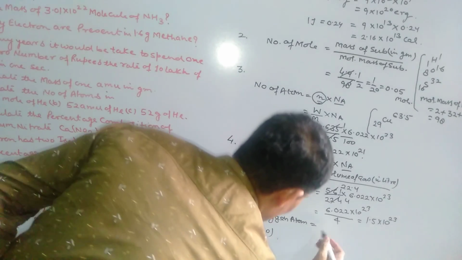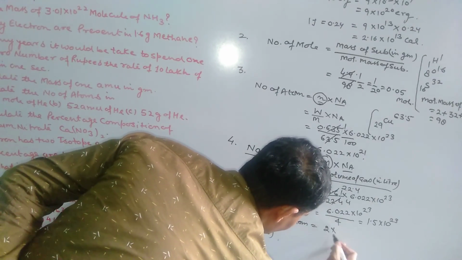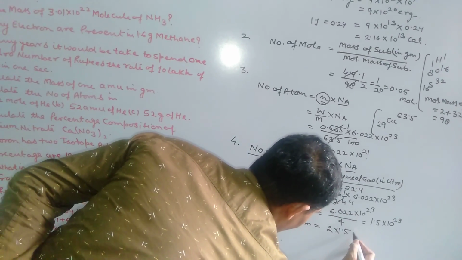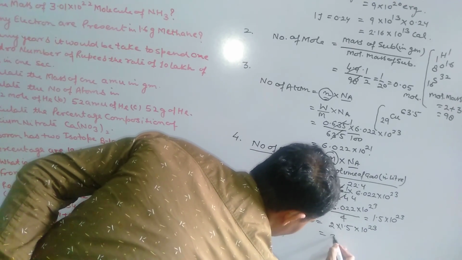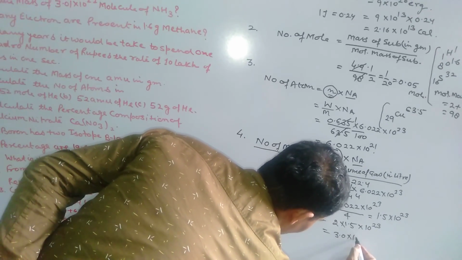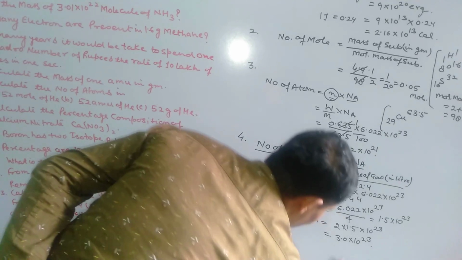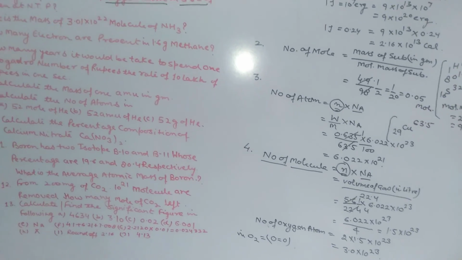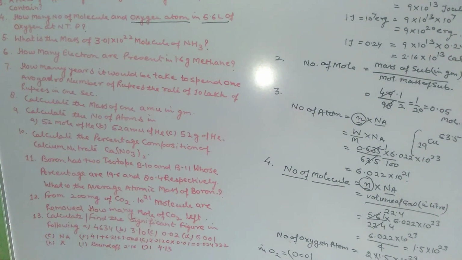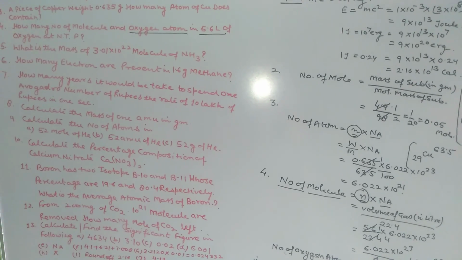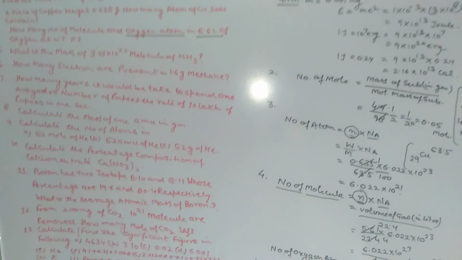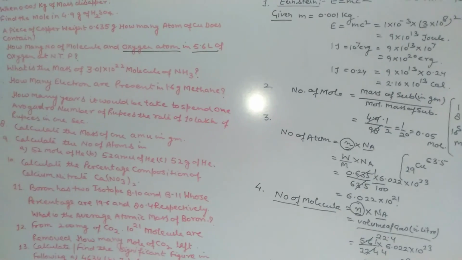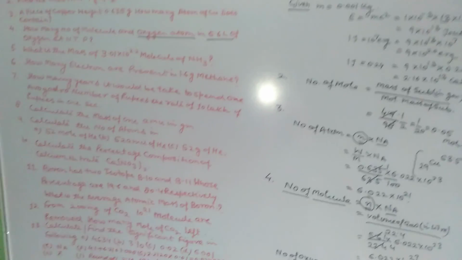Hence, the number of atoms will be 2 into 1.5 into 10 to the power 23. Hence, 3.0 into 10 to the power 23 atoms are present in 5.6 liter of oxygen at NTP.